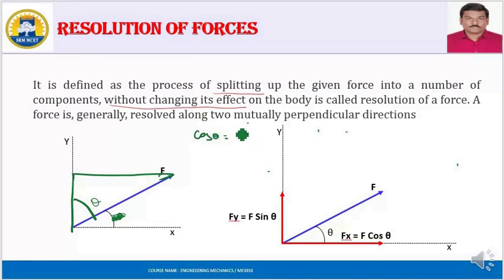Cos theta is equal to adjacent side by hypotenuse. Here the adjacent side is Fy and the hypotenuse is F, so Fy divided by F, so Fy is equal to F cos theta.